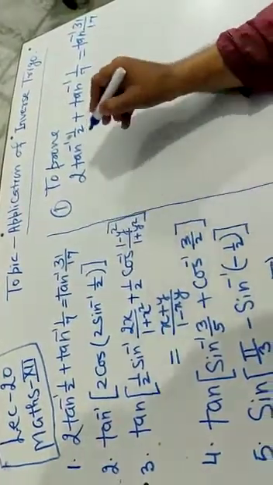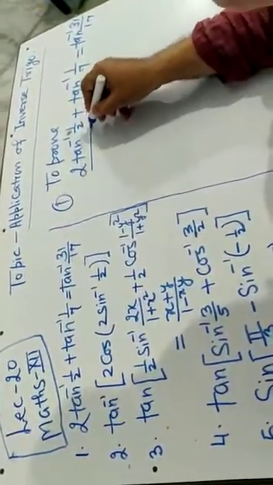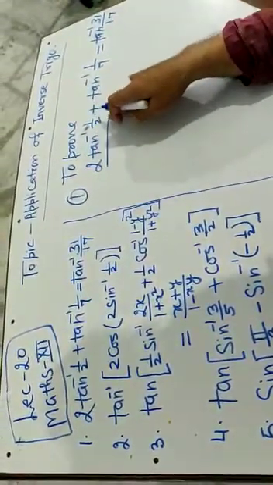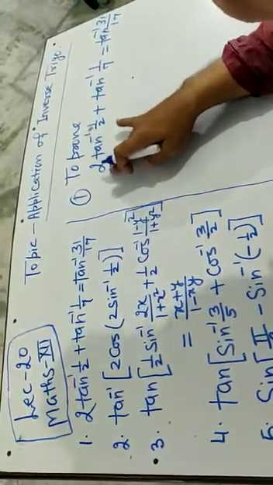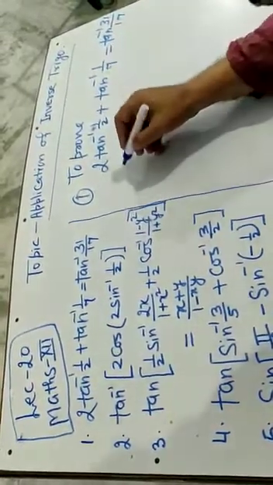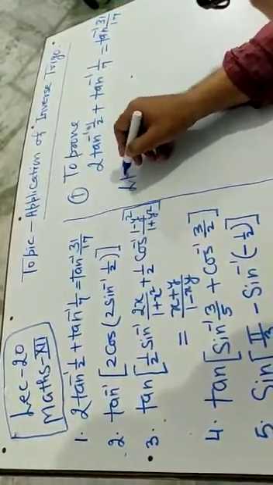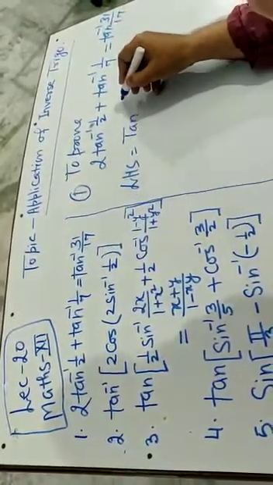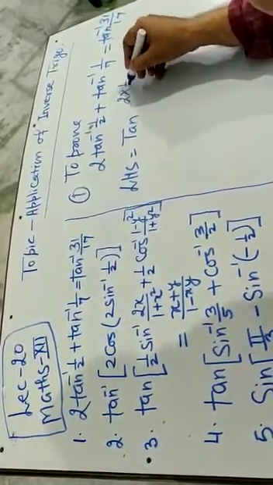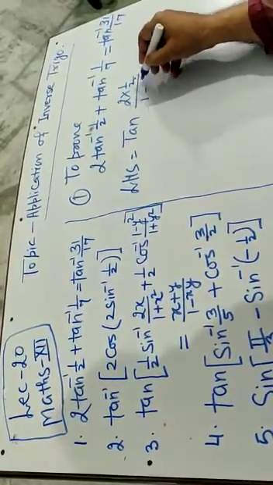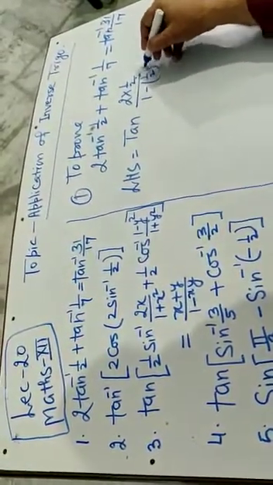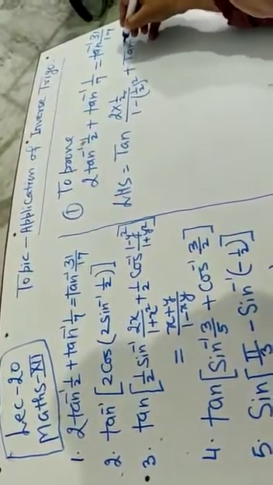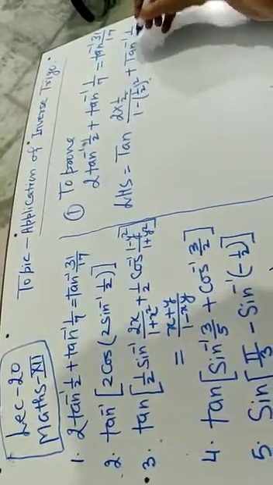First take 2 tan inverse 1 by 2 and simplify it. In the simplification, you write tan inverse of 2 into 1 by 2 by 1 minus (1 by 2) square, plus tan inverse 1 by 7.